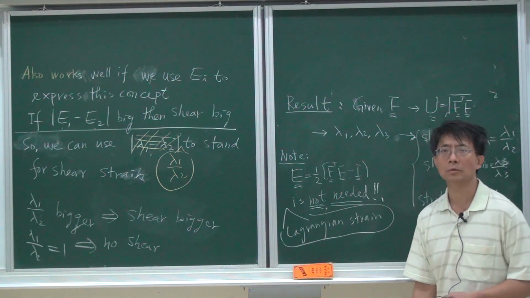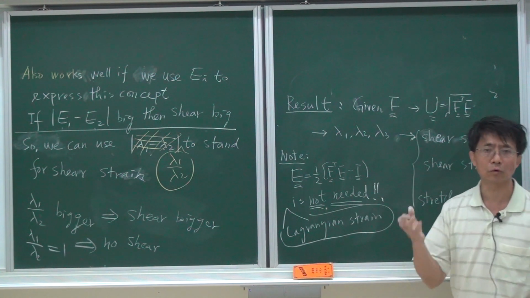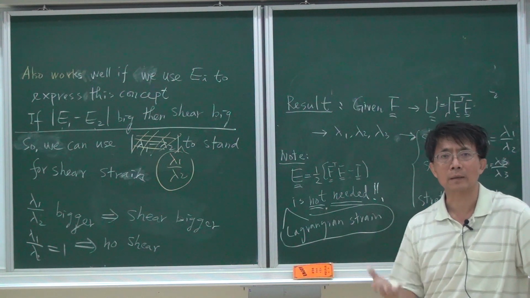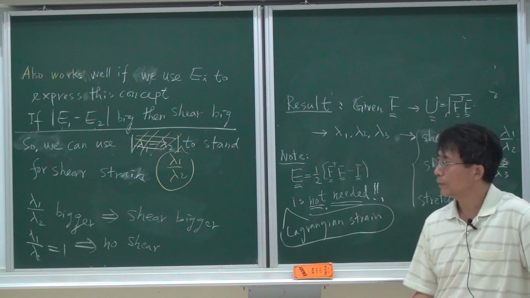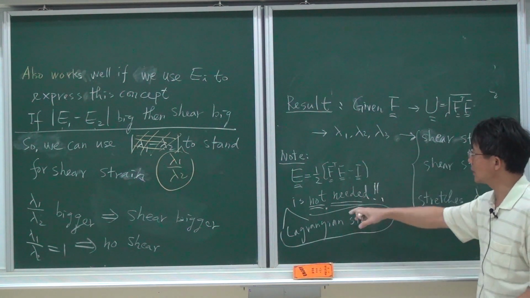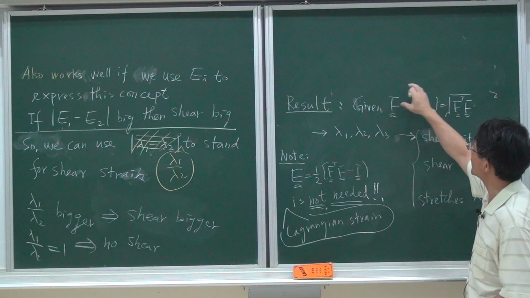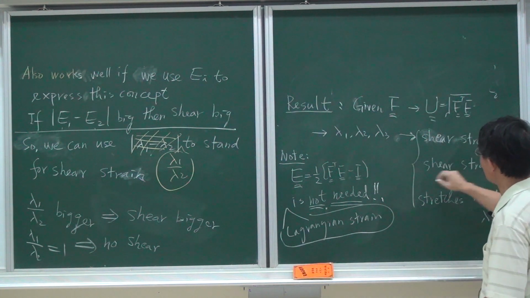And now I tell you, the Lagrangian strain concept is correct if you use the principal value of the Lagrangian strain. But they are too complicated to use. So the concept of Lagrangian strain is not needed anymore. We just compute the matrix U and then the eigenvalues, and then get everything.